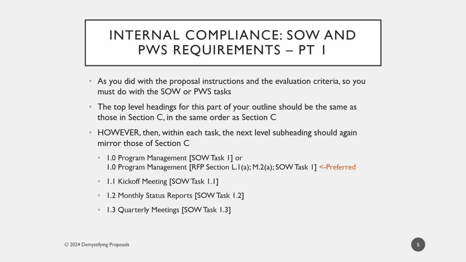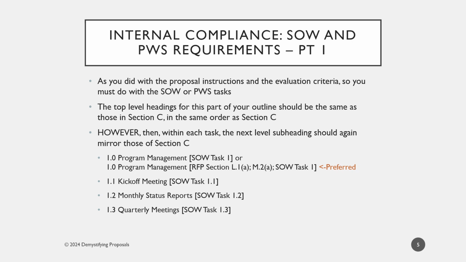And then within each task, if you have room, include the subsections as well. This depends on what your page limits are, whether you can break down the tasks. But if you can, it's a really good way to show, again, compliance.